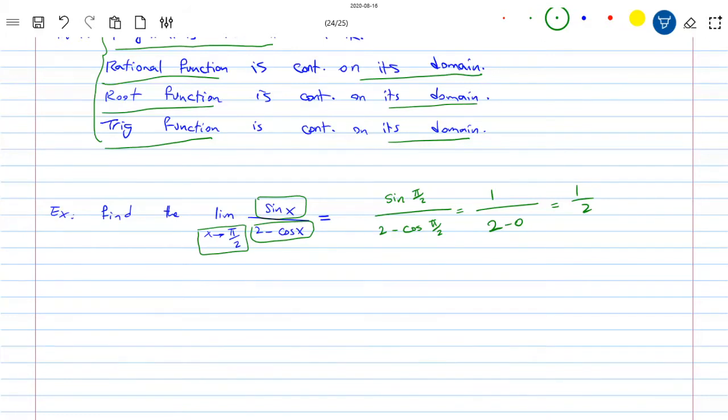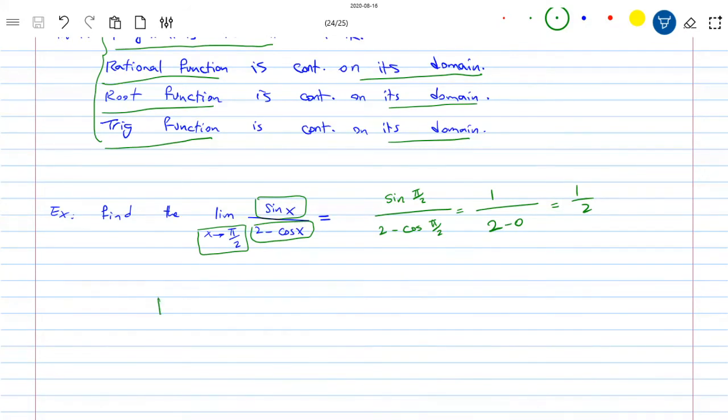We can simply calculate each value, and as long as the denominator is not 0, since the combination of these functions is continuous, their division must be continuous at that point, as long as it doesn't make the denominator 0. So the limit must be equal to the value of the function. If I evaluate the function at that point, it must be equal to the limit.